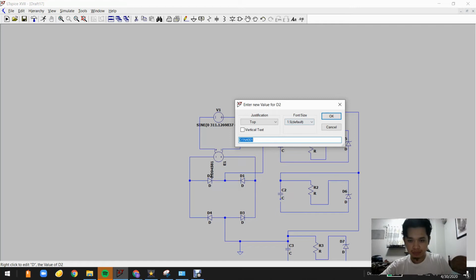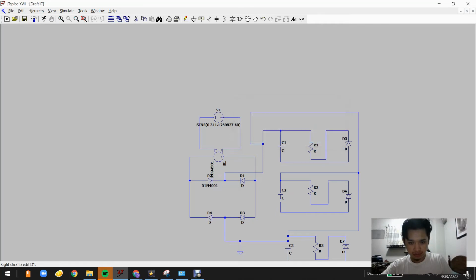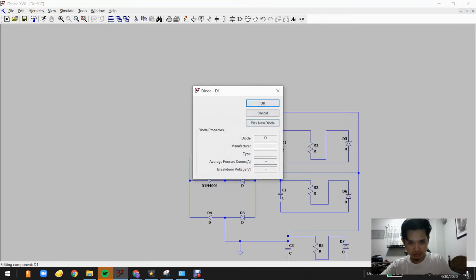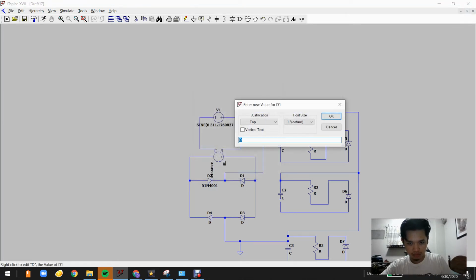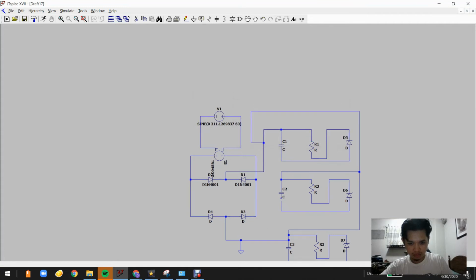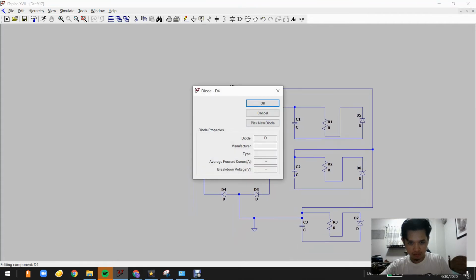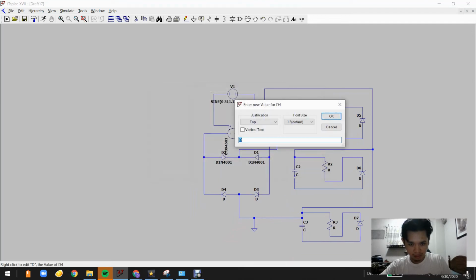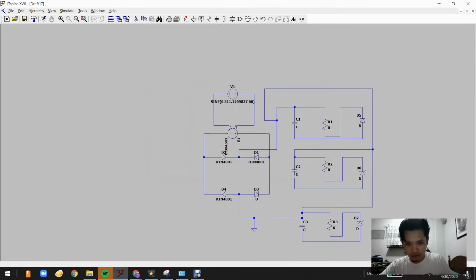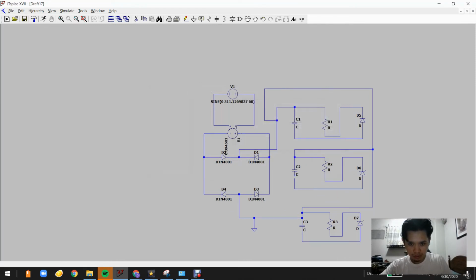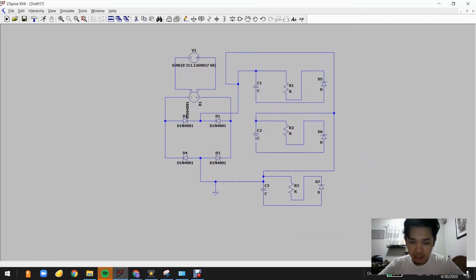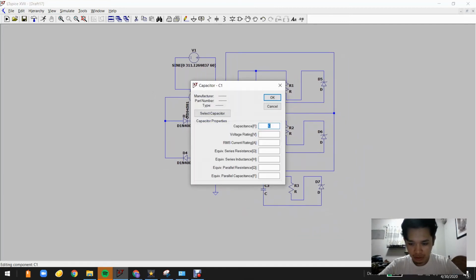Right now, I added these. Yep. And as for our capacitors, they're all gonna have the same value.